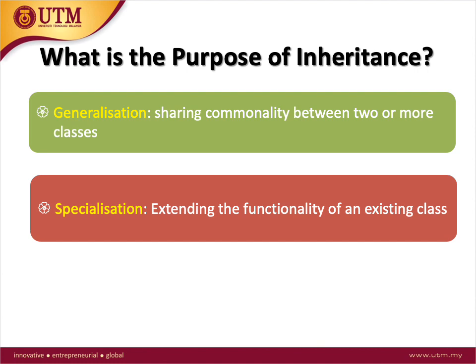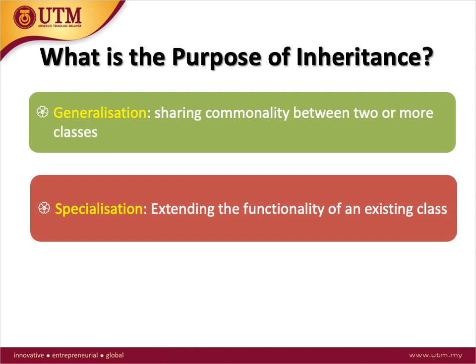The next purpose is specialization, which is extending the functionality of an existing class. For the example here, we have the undergraduate and postgraduate student. They are specialized. Maybe a specialized attribute for undergraduate is the program, for example the software engineering program.